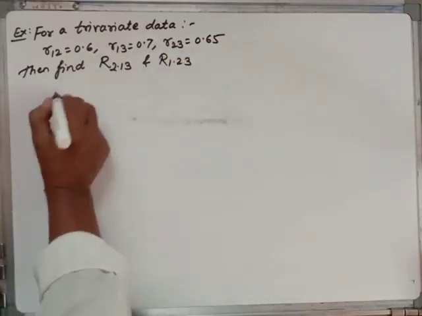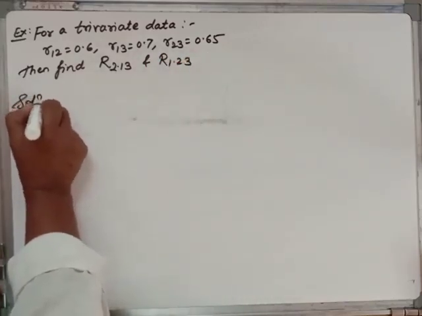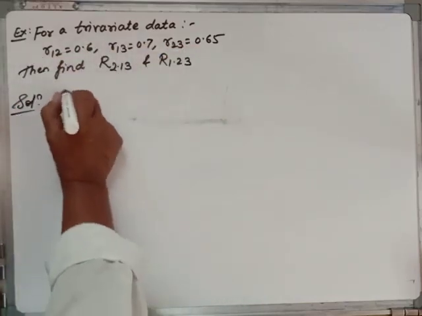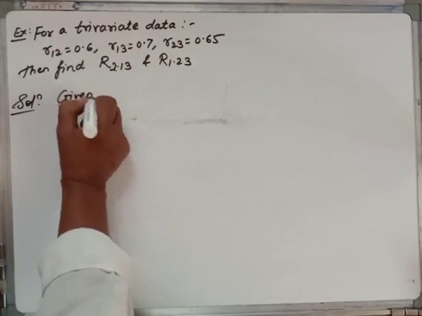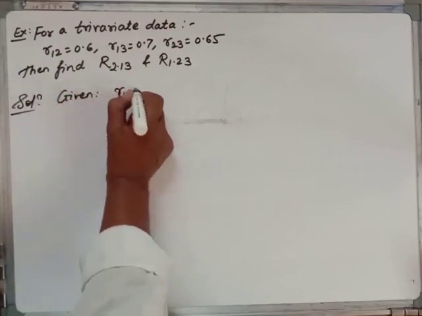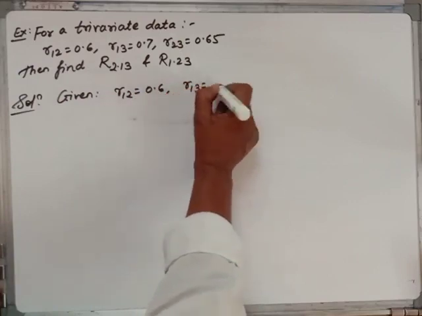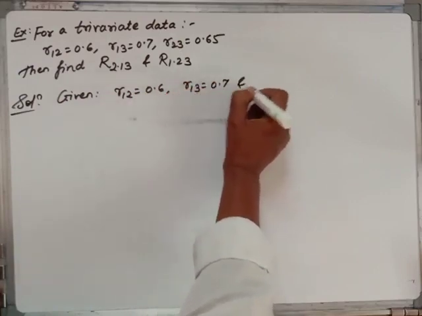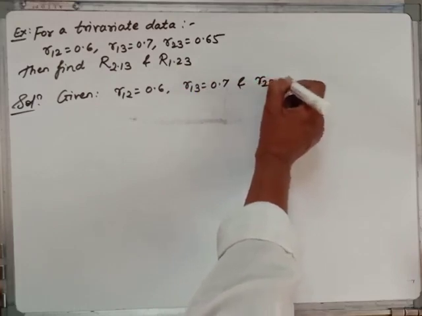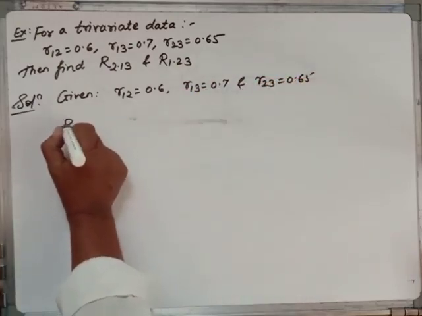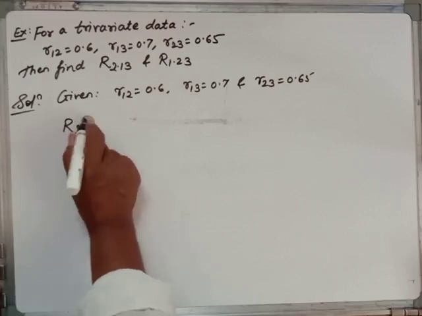Okay, solution. This is given to us. Given R12 is 0.6, R13 is 0.7 and R23 is 0.65, right? So now what is R2.13?